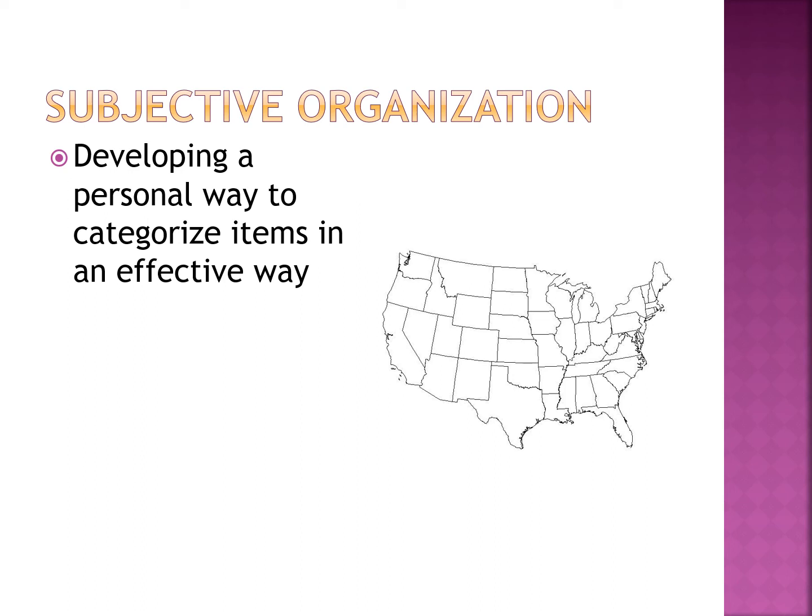So the people that do, generally speaking, have some type of subjective organization, a way that is personal to recall certain information. So some of you learned a song that listed the states in alphabetical order, so people could go through and list all the states.